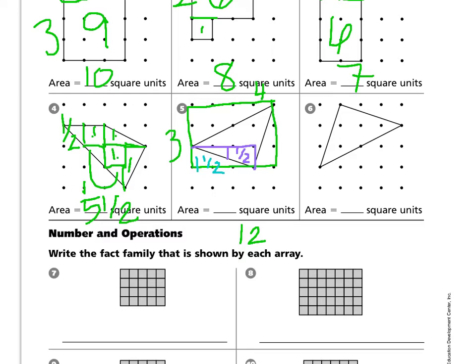I'm going to go ahead and cut this box right here, and I can see that it cuts right in half to find this area right here, which is not part of the triangle, so I'm going to make it in teal, and I know that it's a 3 by 1, and half of 3 by 1 is going to be 1 and a half. So the teal is going to represent things that I might need to subtract.